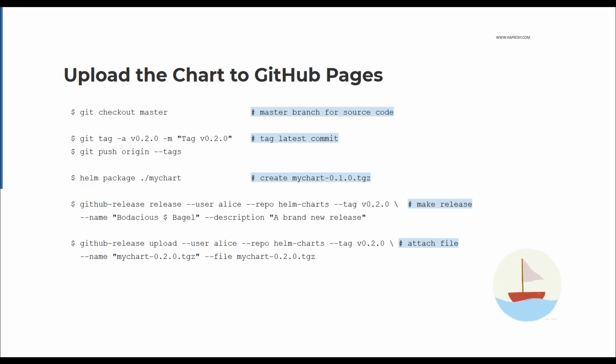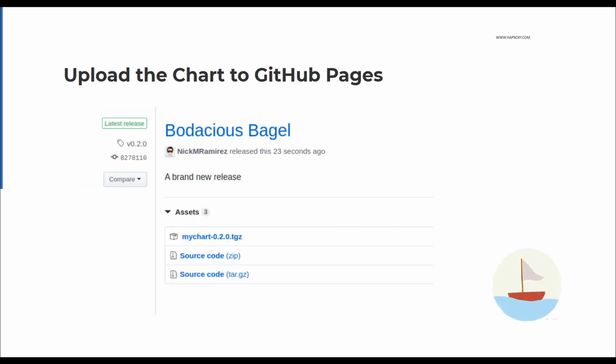So at this point, you have created a new release in GitHub, and it includes your zipped up chart. And it'll look like this. So here's my release. You can see that at the very top of the assets, I've got my chart as a .tgz file, and that's basically what the commands before did.